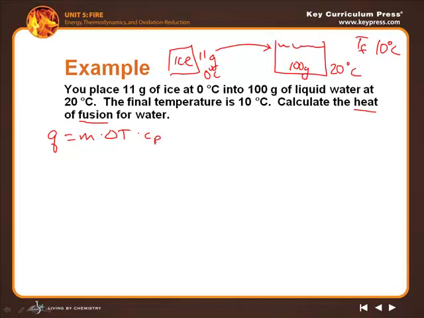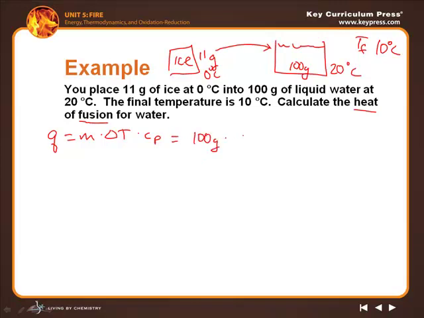Now, for the Q equation, it has to be from one thing's point of view. Would you choose liquid water or ice? Water. You already know the specific heat capacity for water. So for water, you got 100 grams of water, right?